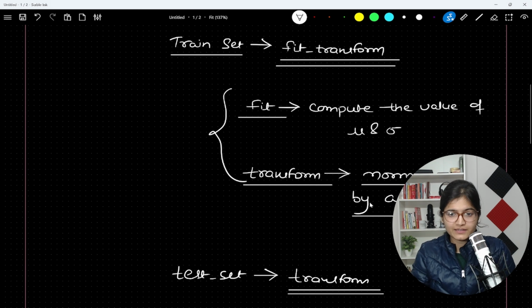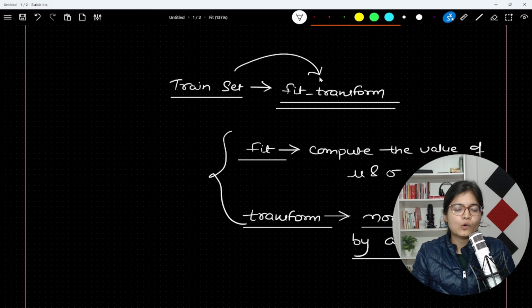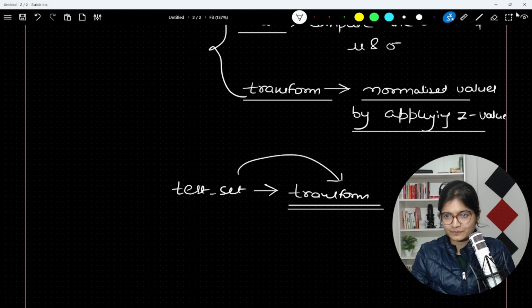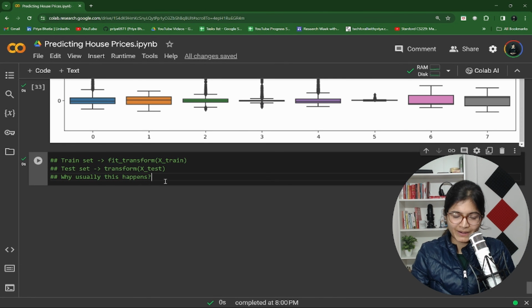That is the only reason why in machine learning you will always observe that in the training set we apply fit underscore transform while doing standardization, and in the test set we only use the transform function. I hope you will now be able to understand that part pretty well, and you will be able to explain the same thing to the interviewer as well, right?